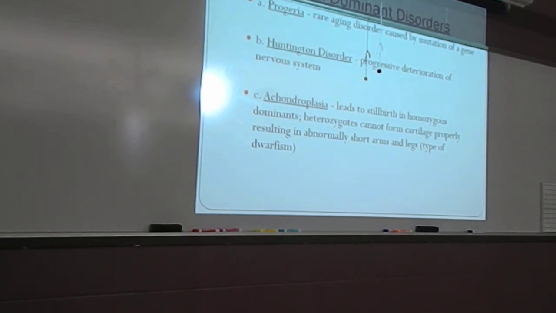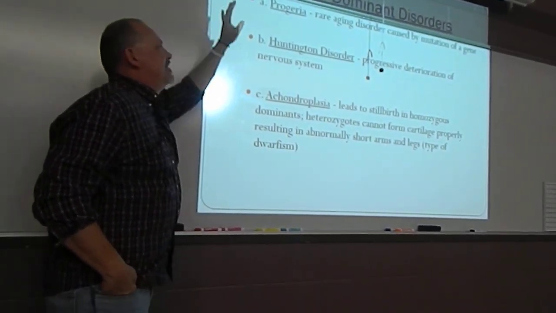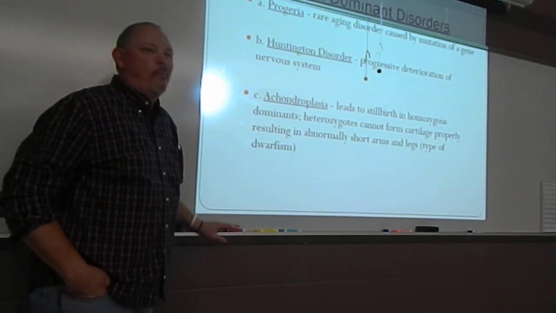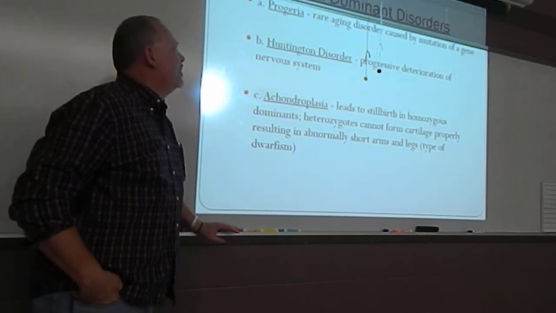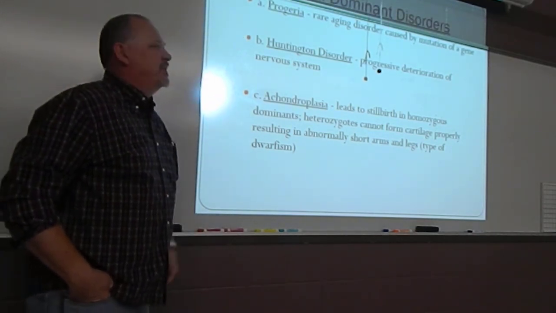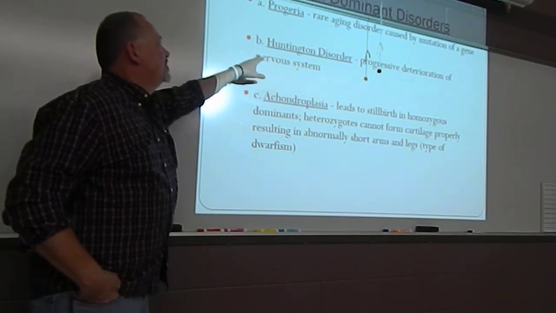There's about 500 cases of kids living with this disorder in the world. So it's very, very rare. But it's caused by a mutation, all right? Something happened to the gene and it got mixed up, so it shows up.